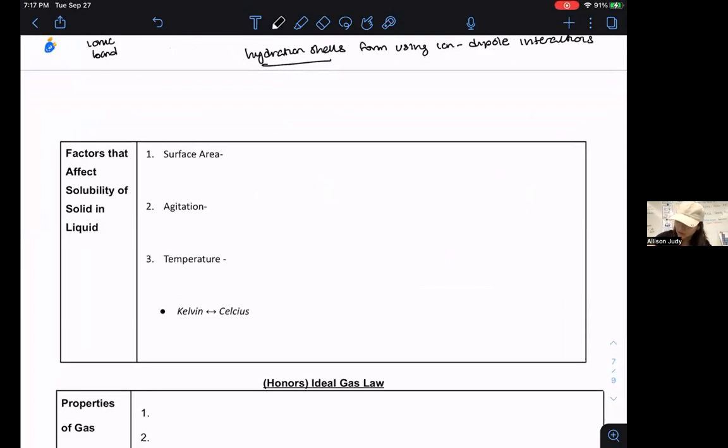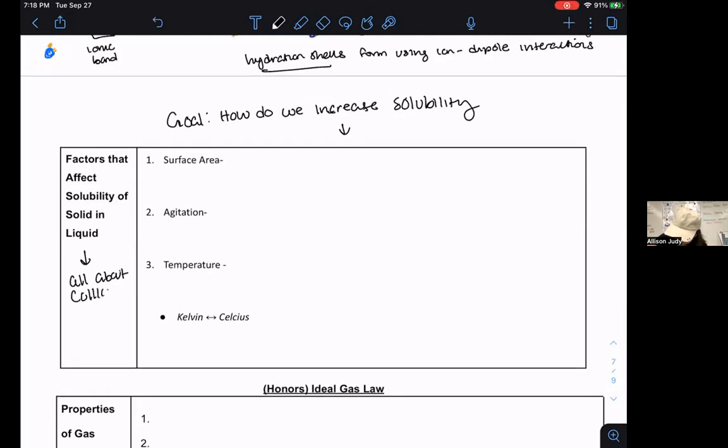How do we increase solubility? That's what we're analyzing here. What we need to consider is it's really all about collision. Oops, I think I misspelled collision. All about collision.